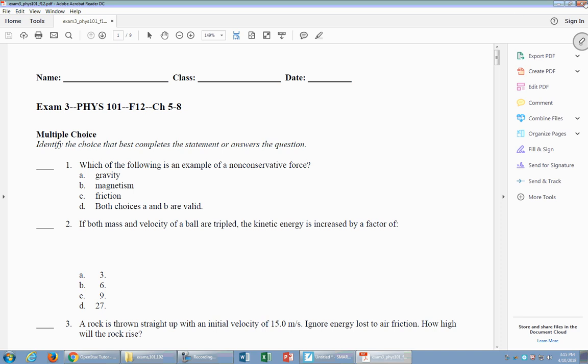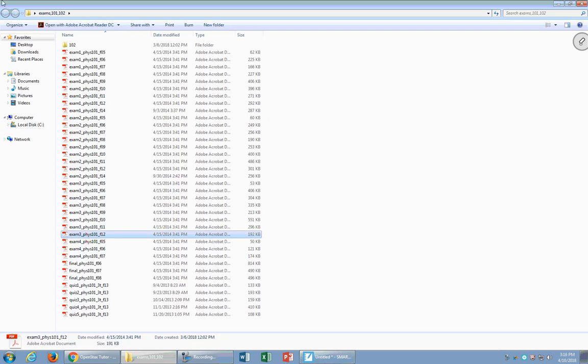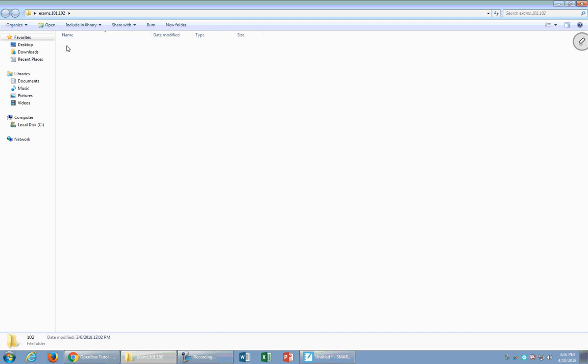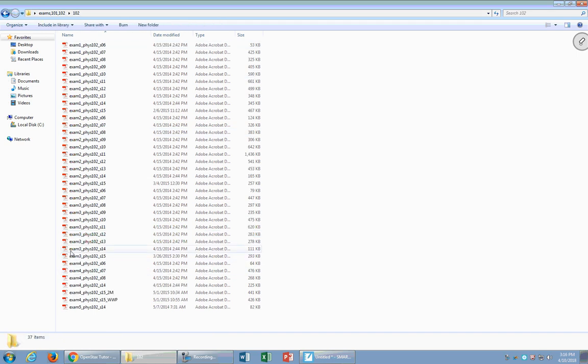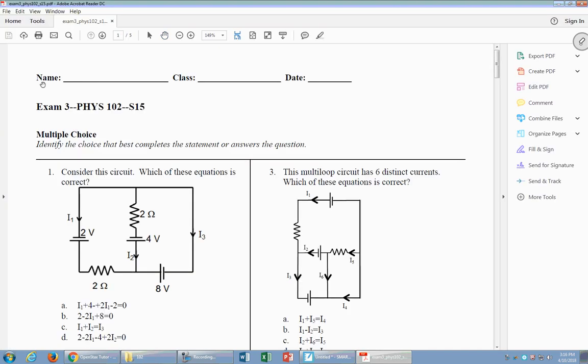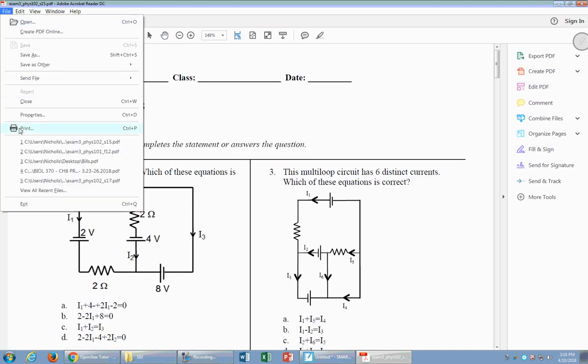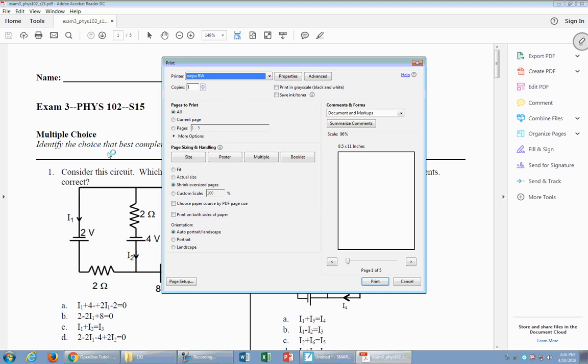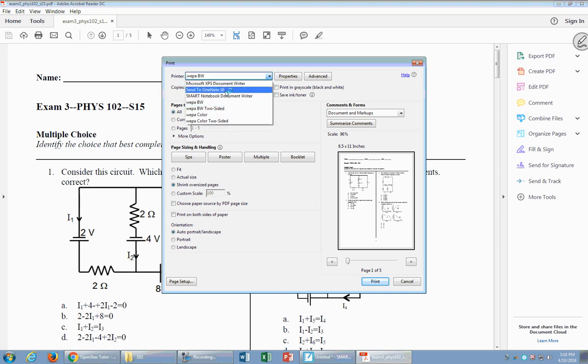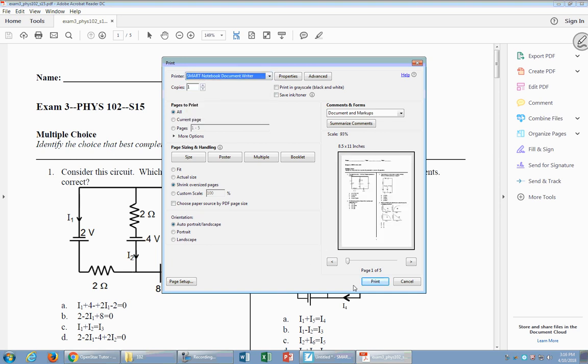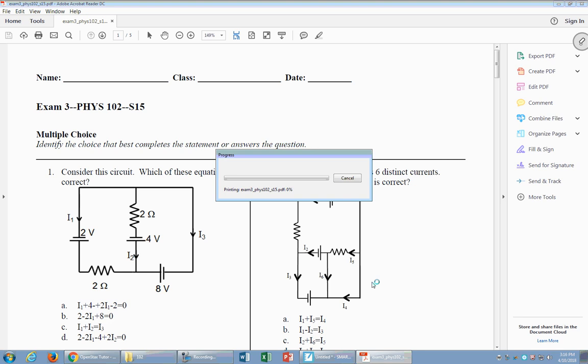Oh, this is 101. Don't like that. Okay, there. Okay. Multi-loop circuits.